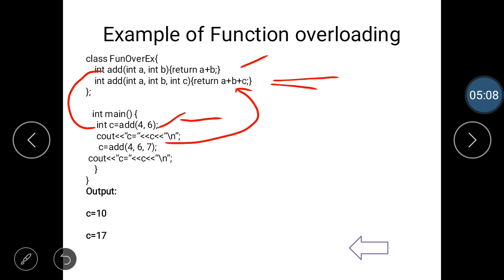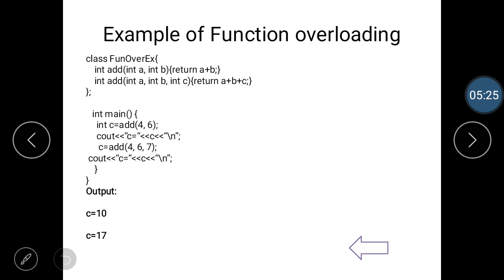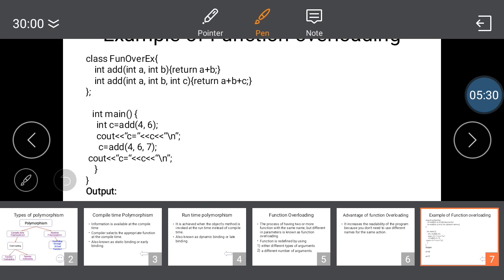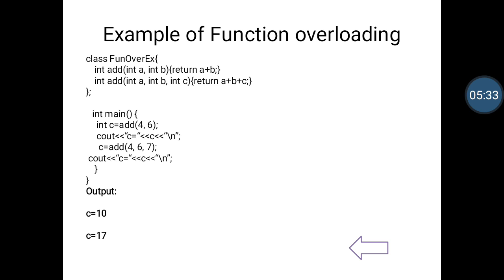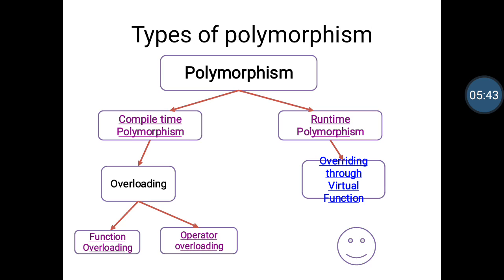So whenever we call the function with the appropriate parameters, the compiler will call the matching function. There is no ambiguity, no confusion between the compiler and the functions. By using such types of functions we can exhibit function overloading, which makes the program much easier.